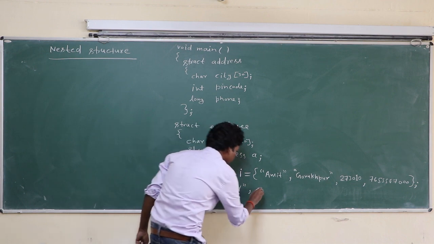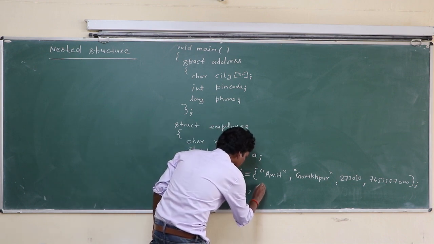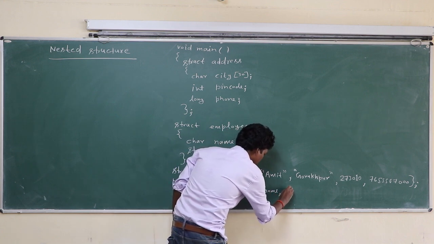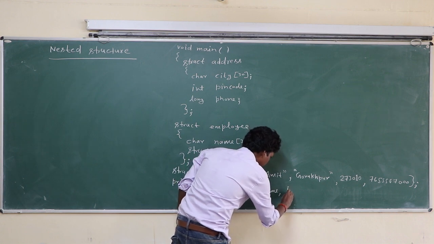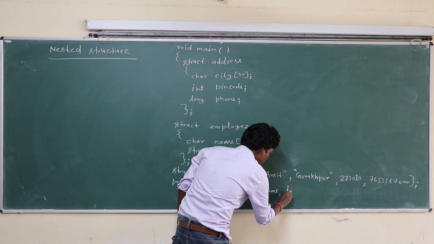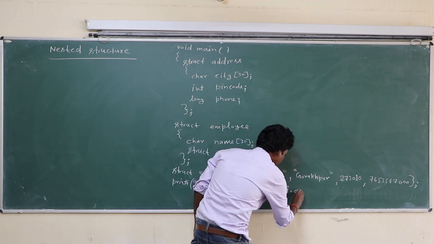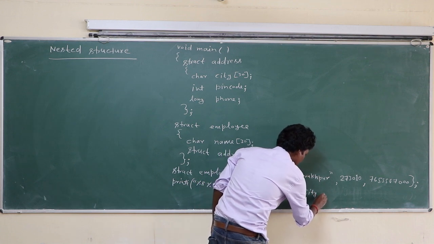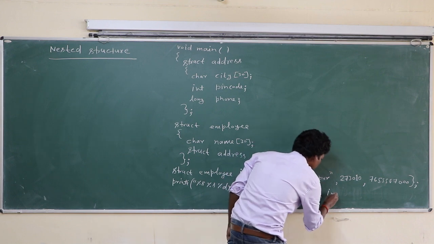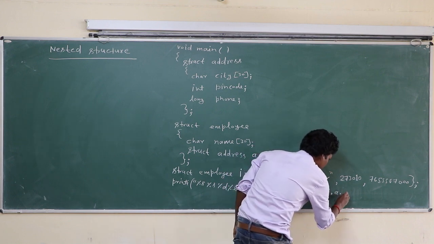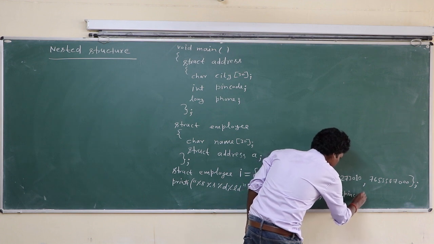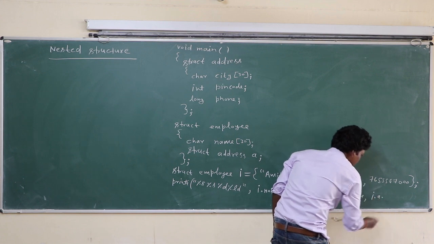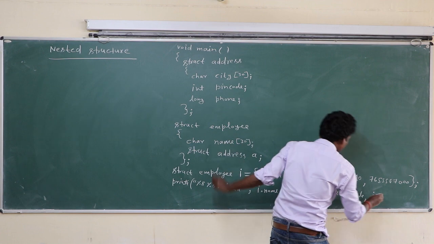Okay, here i dot name, comma, i dot a dot city, comma, i dot a dot pin code, and here i dot a dot phone.